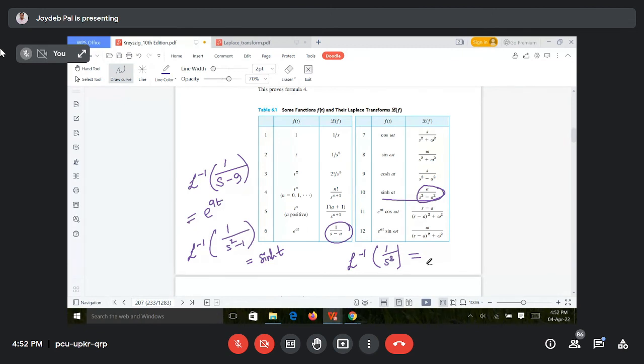It is not exactly that form, but you can see it is merely the same, just a constant multiplied. Along with 1 by s cube, that factorial 2 is multiplied. So what I can do, I can always adjust a constant. I am writing 1 by 2 factorial into 2 factorial by s cube. Can I write this?